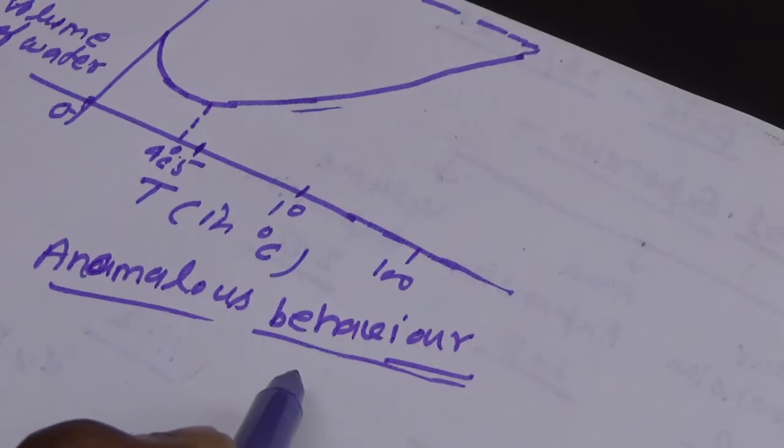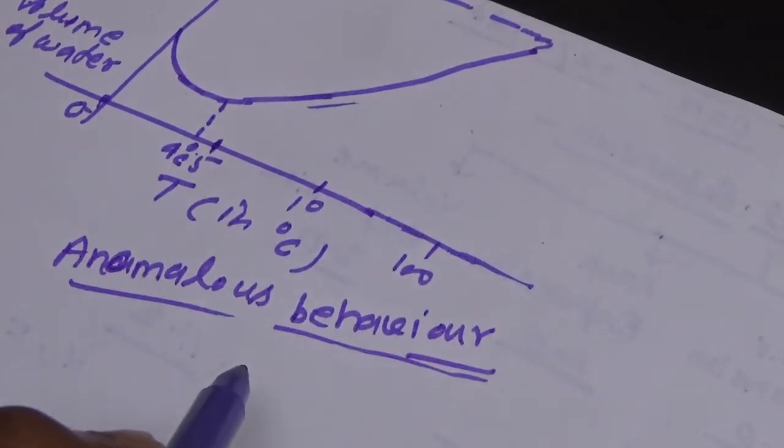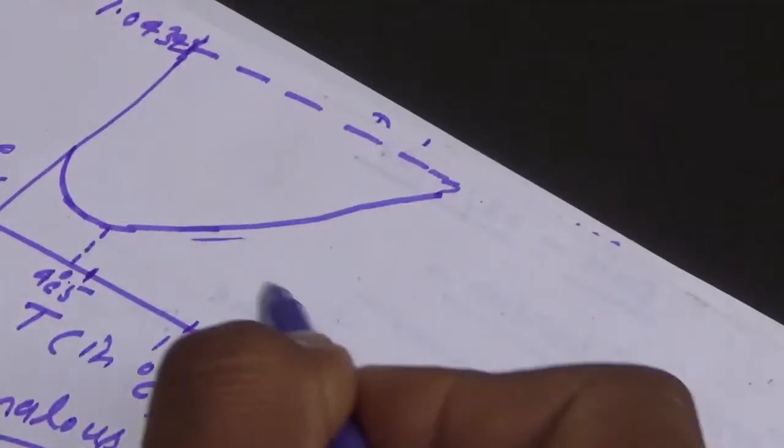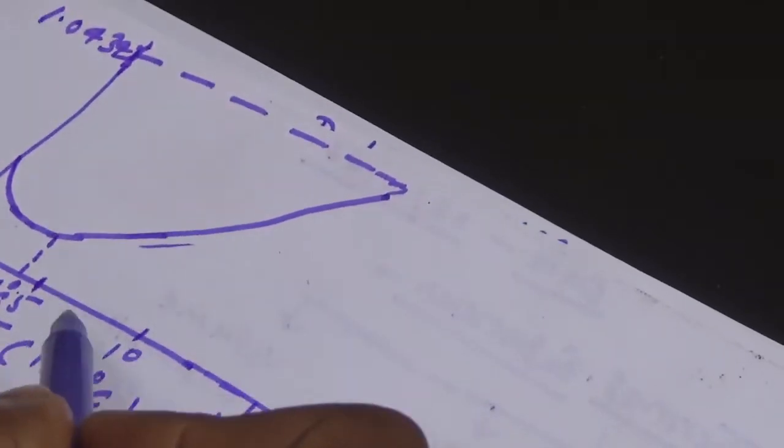So students, if we draw the graph of density, then density will be the inverse of this graph, because when volume increases then density decreases.